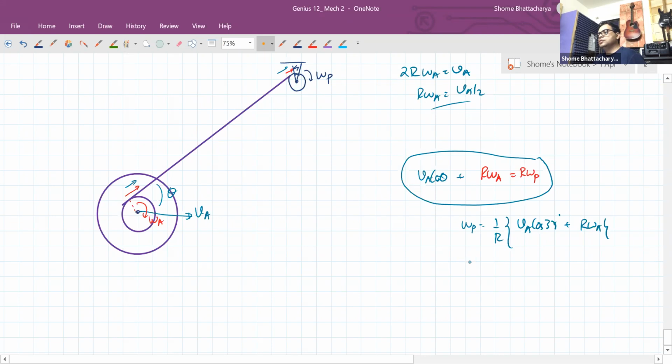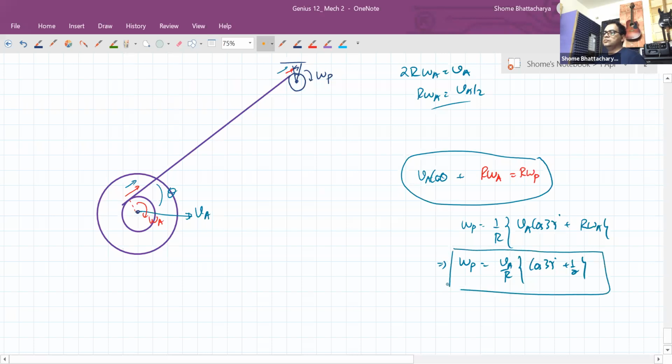So that's how we got this equation. Okay. And then whatever rate this is winding at, it's releasing string at that same rate over here. So that becomes the rate at which the block moves. So that's how we get this relation.